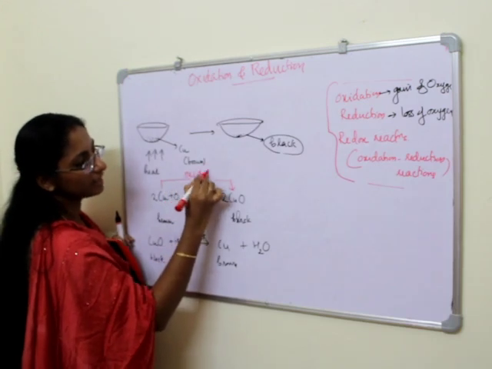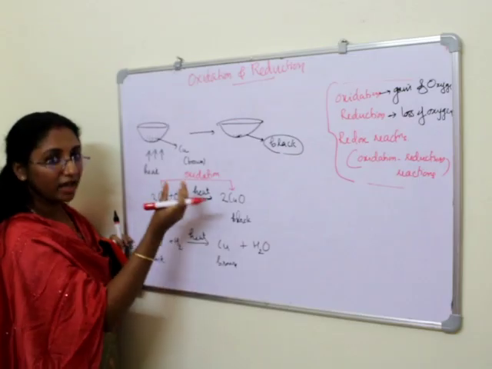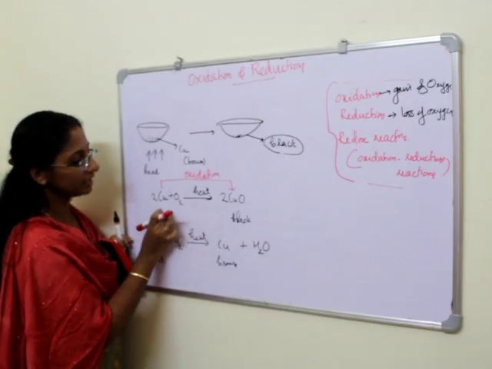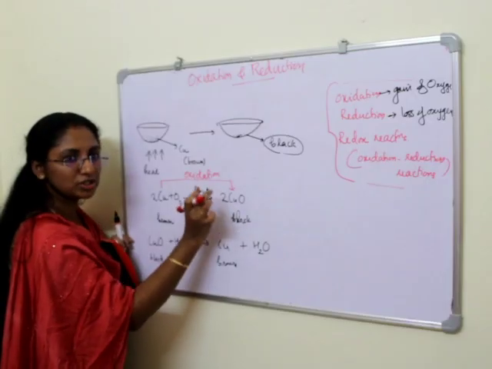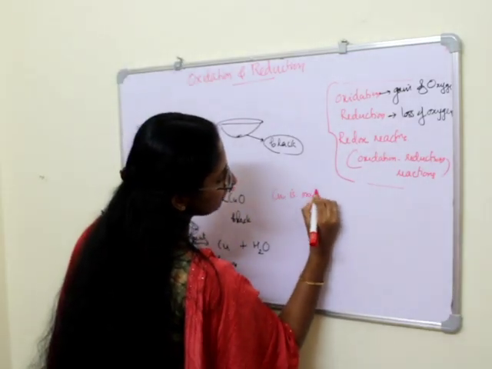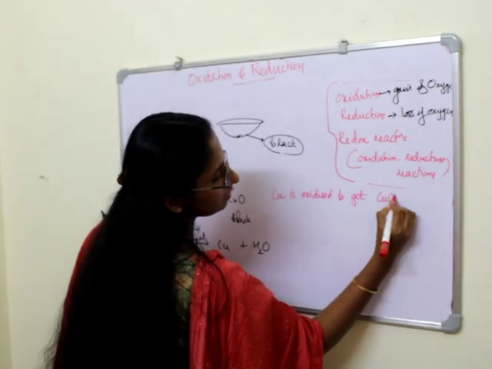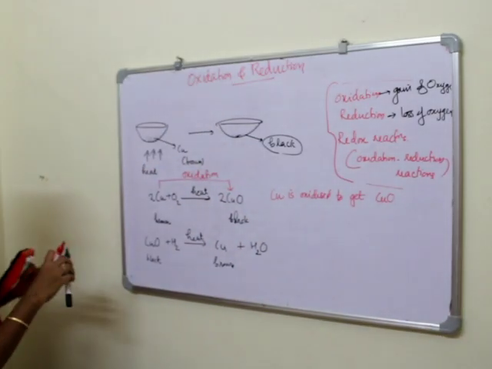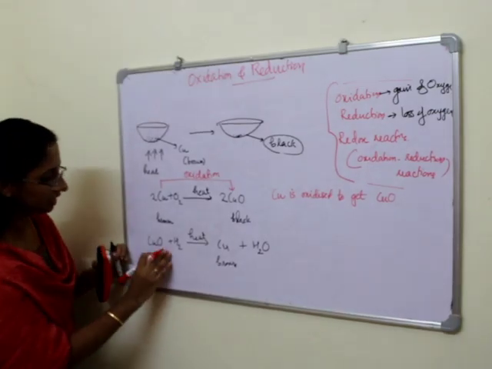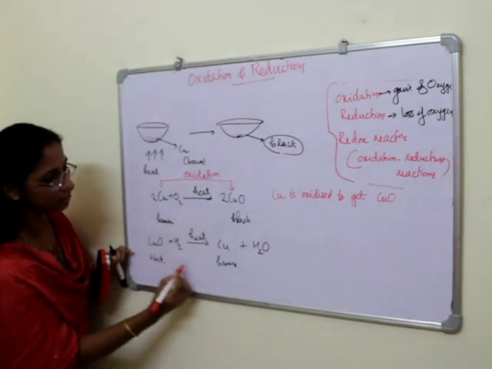Oxidation. So what is the reaction happening in this case? Copper gains oxygen to form copper oxide. So we can say that copper is oxidized to get CuO, right? Similarly, when we take this reaction, what is happening here? Here copper oxide, CuO, is turned to Cu.